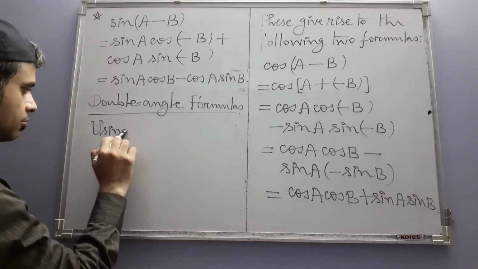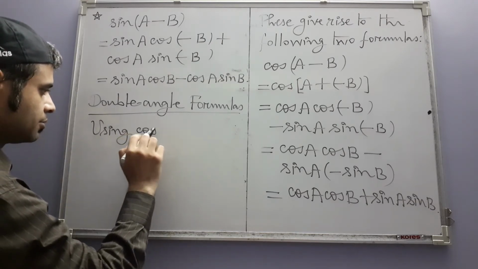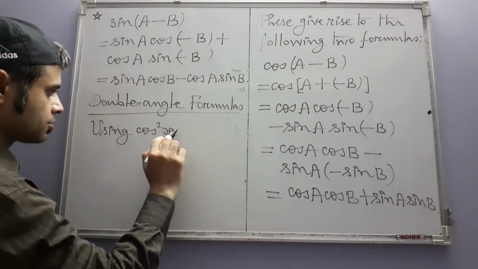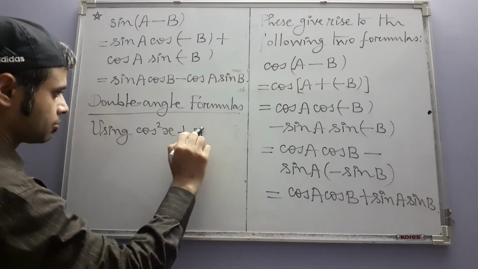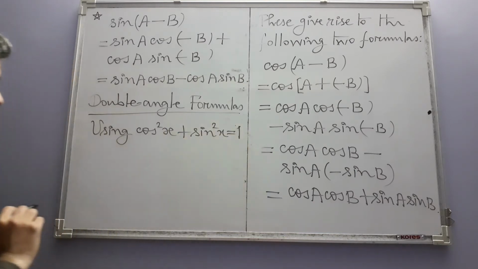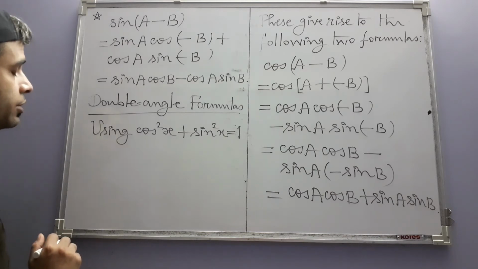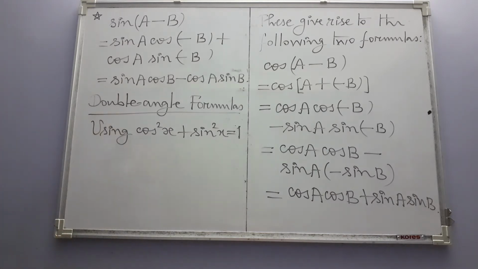Using these two formulas or relations, one of them is of course cos square x plus sin square x equal to 1, and okay, this will come afterwards.